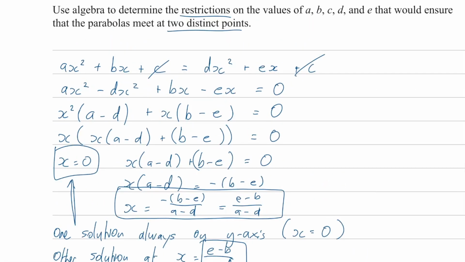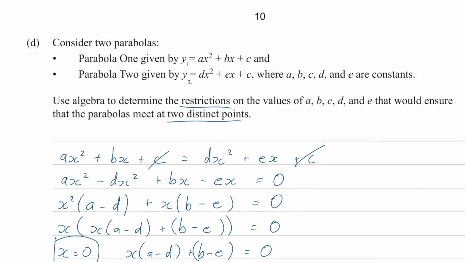So in summary, we have two parabolas. We're looking for the restrictions to give two distinct intersection points. So we equated them together, we simplified, factorized once, factorized twice, solved for the solutions, right? Solving for x.